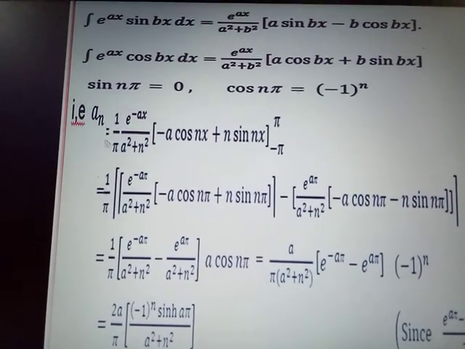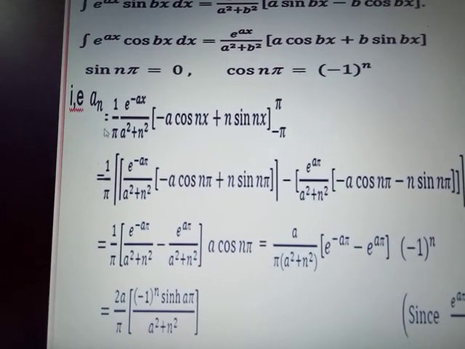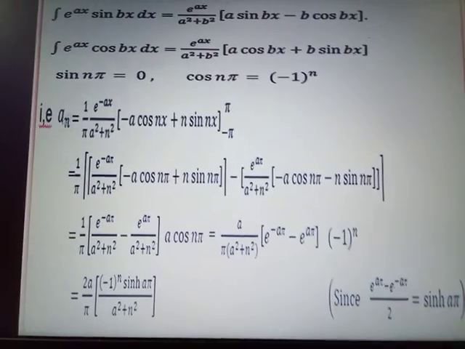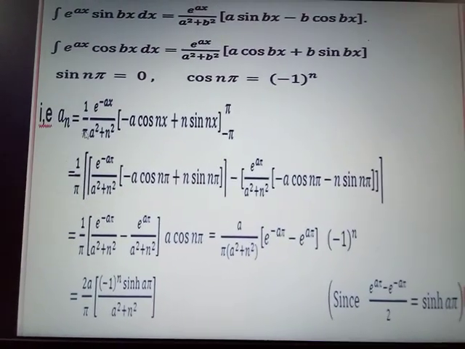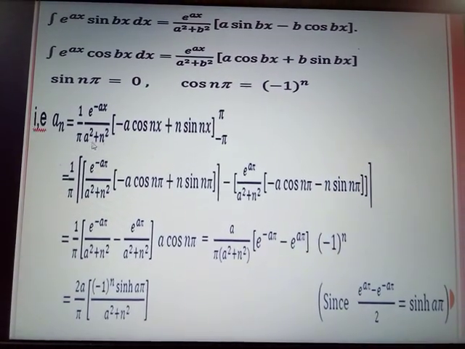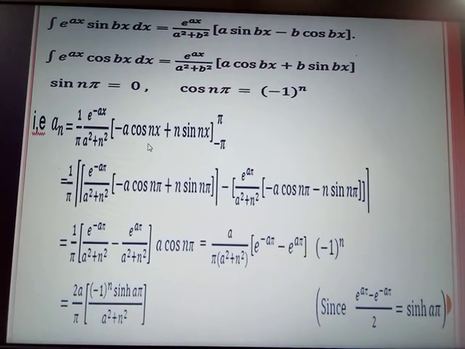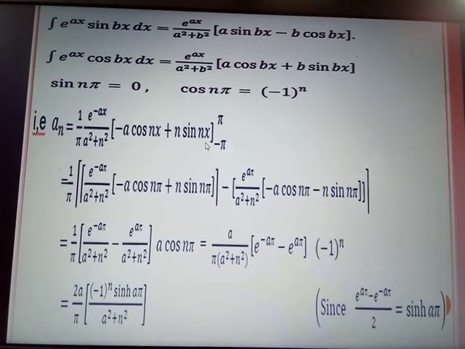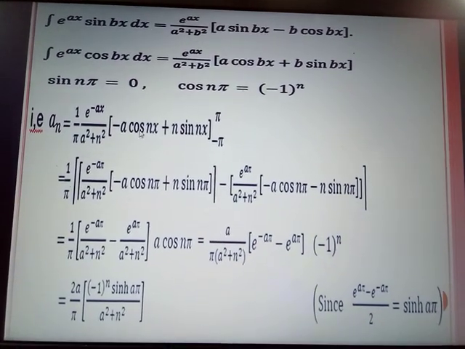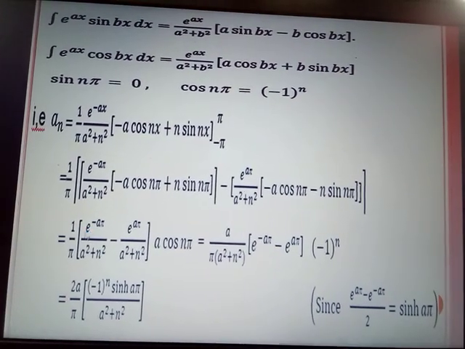Then an is equal to 1/π e^(-ax) divided by (a² + n²), into (-a cos nx + n sin nx). Here the a value is -a and the b value is n, and limits from -π to π.